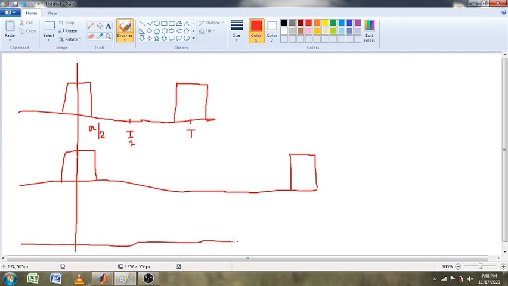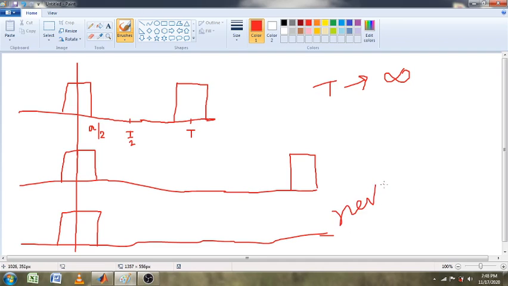So what is the physical meaning of T tending to infinity, or the time period of a periodic signal becoming close to infinity? It means your first pulse will be here, no issues with that, but the next one will be repeated after an infinite time. If something repeats after infinite time, it is the same as saying it is never repeated.